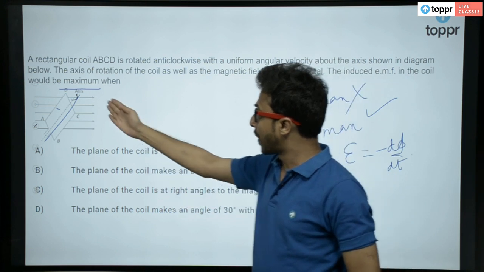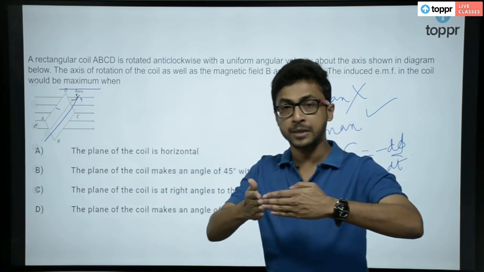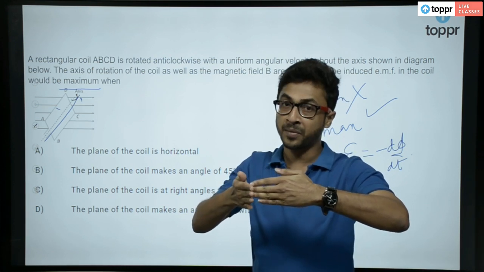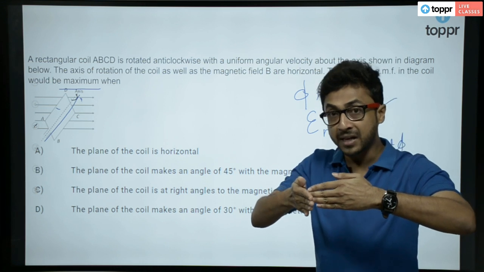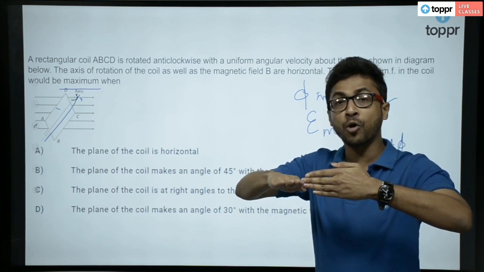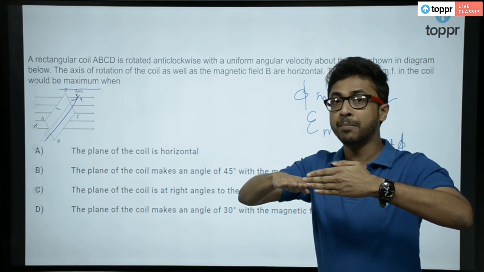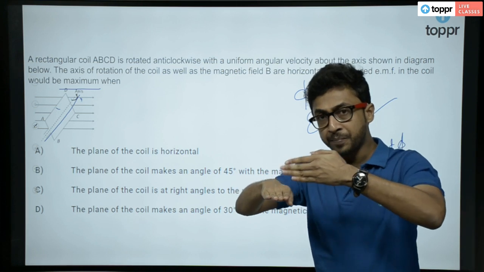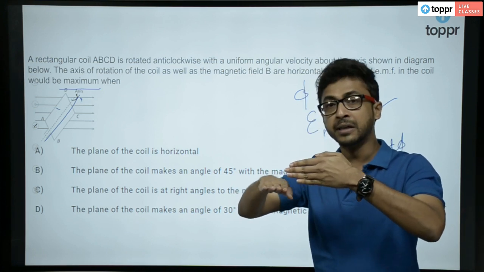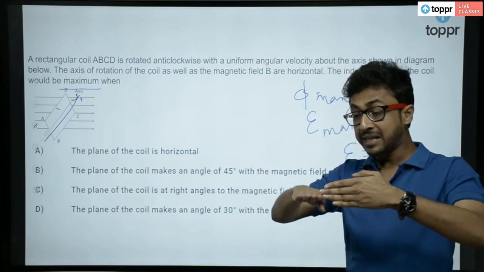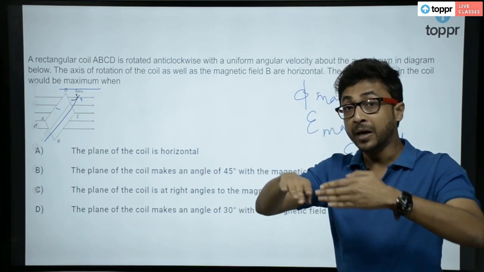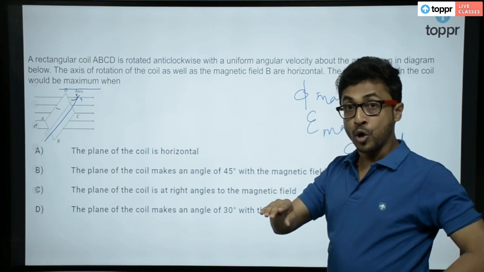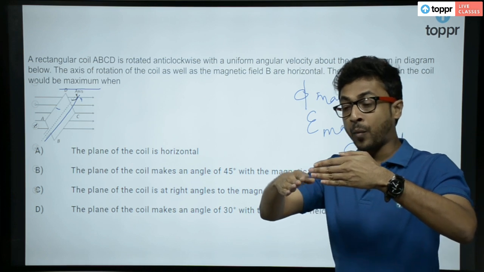Now see, when the plane of the coil is perpendicular to the magnetic lines of force, then the flux is maximum. And the flux is zero when the plane of the coil is parallel to the magnetic field, because then no lines of force are crossing the area.